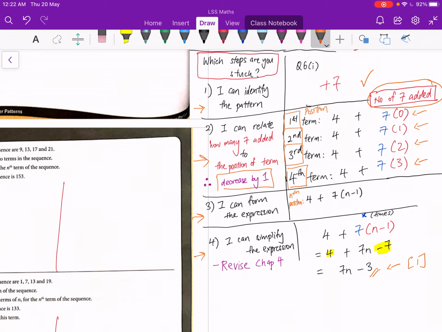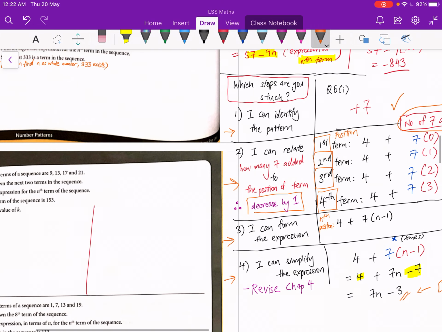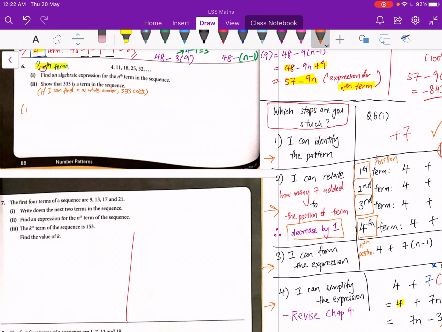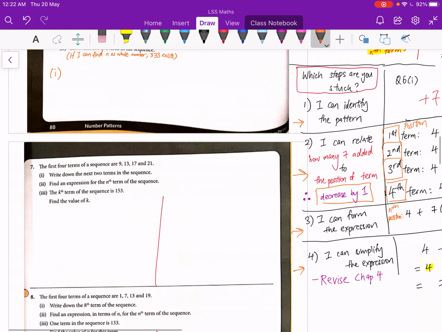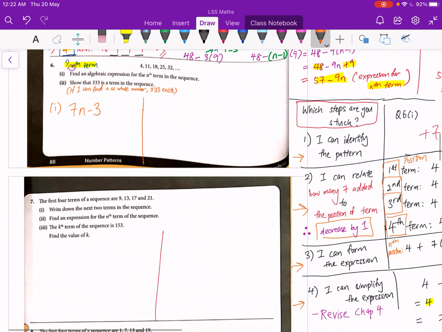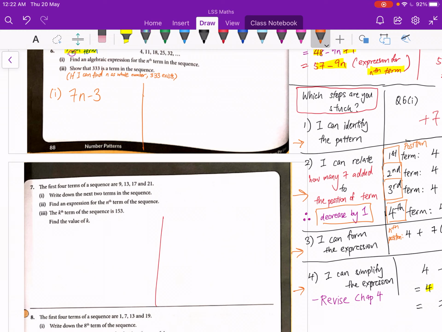If you can find the expression directly, you can just write it down. So for part 1, the answer will be 7n minus 3. For part 2, we will leave it to the next video. Let's go through all the questions that have a similar concept first.